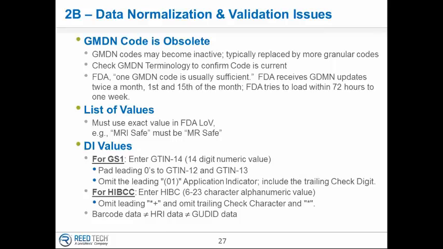Again, looking at that list of values, this being an HL7 electronic submission, it is very strict with the way in which you have your data formatted. That sounds really painful and annoying, but just think that you're going through this rigorous exercise to get clean, pristine data for all of your devices in your portfolio.